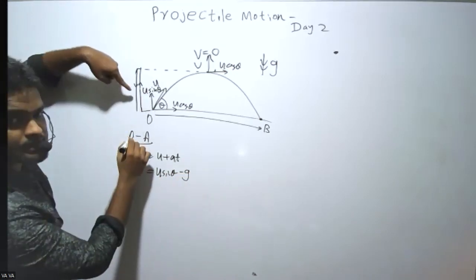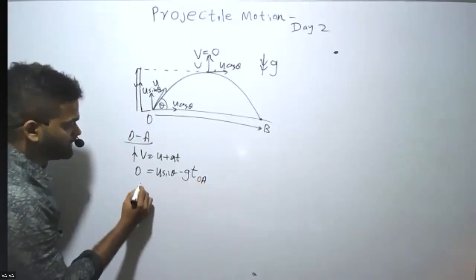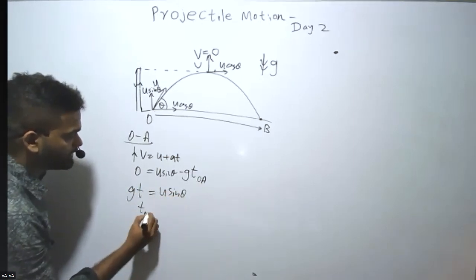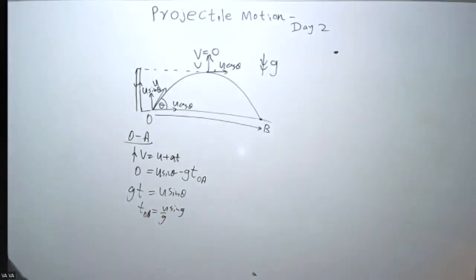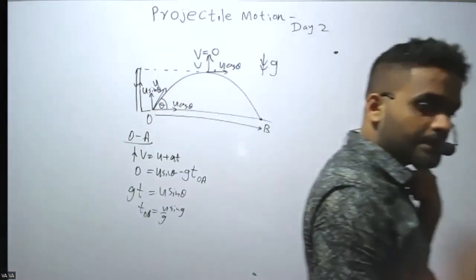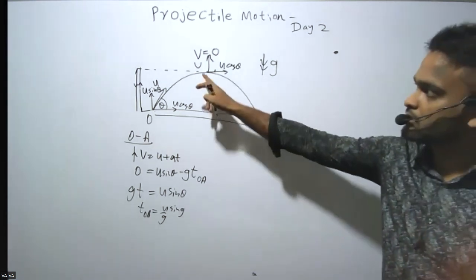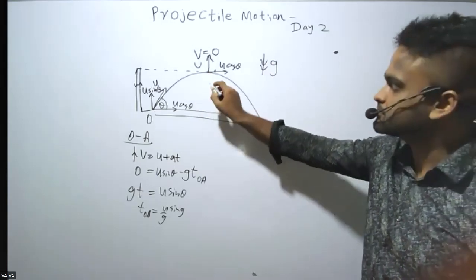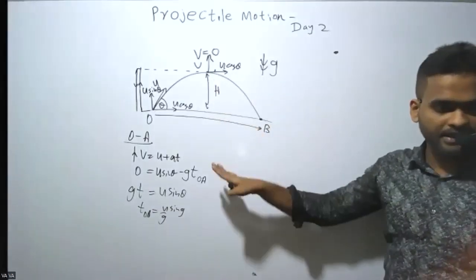I'm applying the equation upwards, so this becomes minus g t OA. Take g t to this side: t OA is u sin theta divided by g. So this is what you have to do in order to find the time required to reach the maximum height. This is the maximum height, I'll say capital H. Okay, take this down quickly.